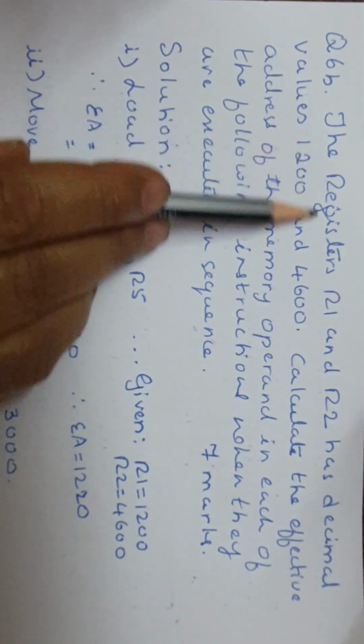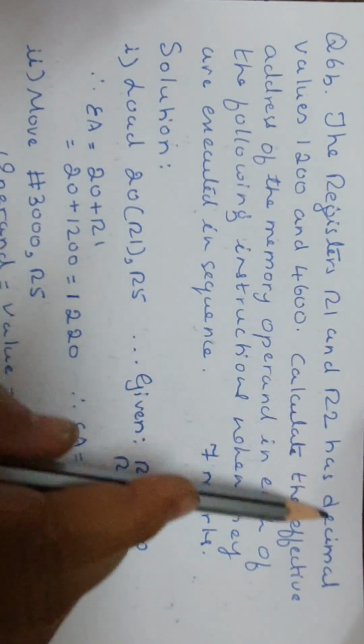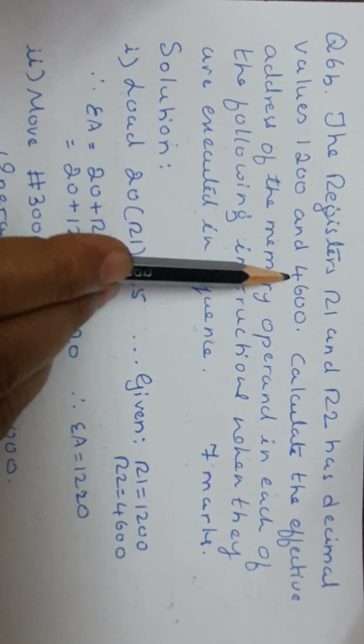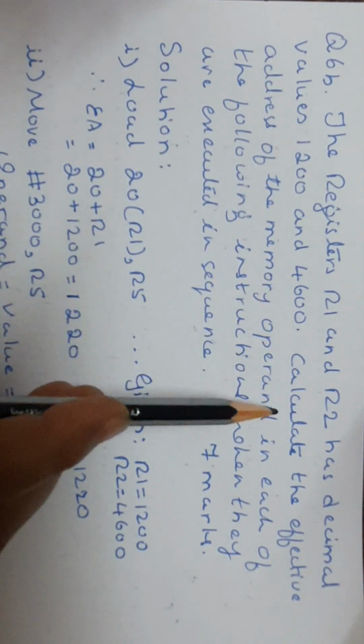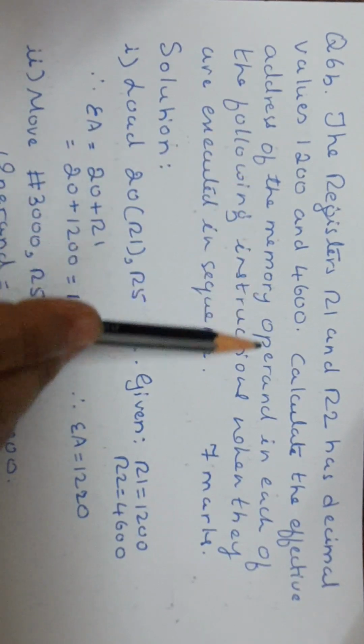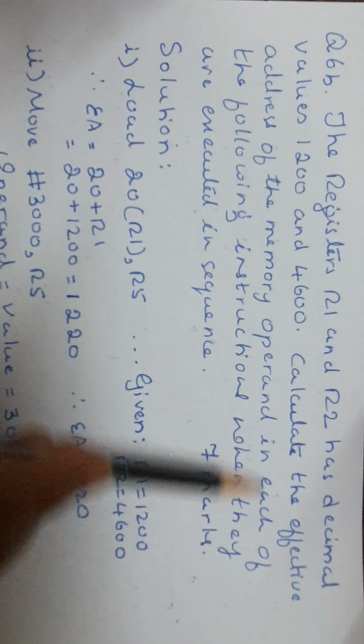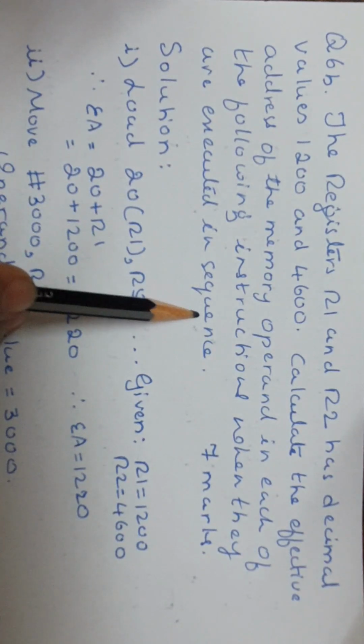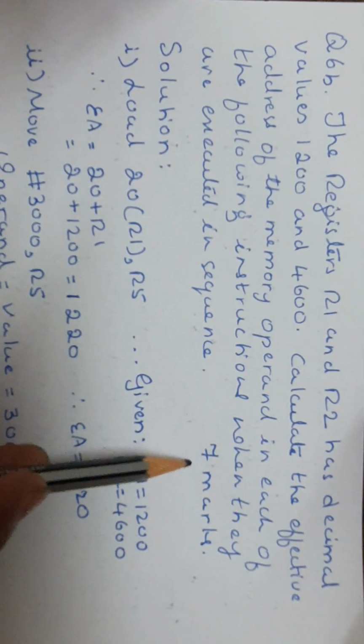The question is, the registers R1 and R2 have decimal values 1200 and 4600. Calculate the effective address of the memory operand in each of the following instructions when they are executed in sequence. So this carries 7 marks.